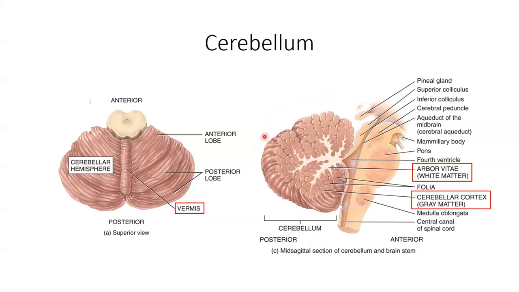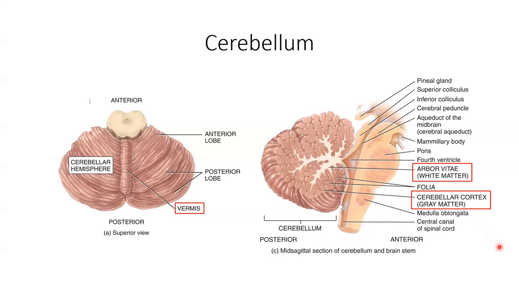Looking internally, which is this image here on the right, the most superficial or outermost layer of the cerebellum is made up of grey matter, and deep to this is the white matter, the tracts of white matter, which are called the arbor vitae, or more colloquially, the tree of life.